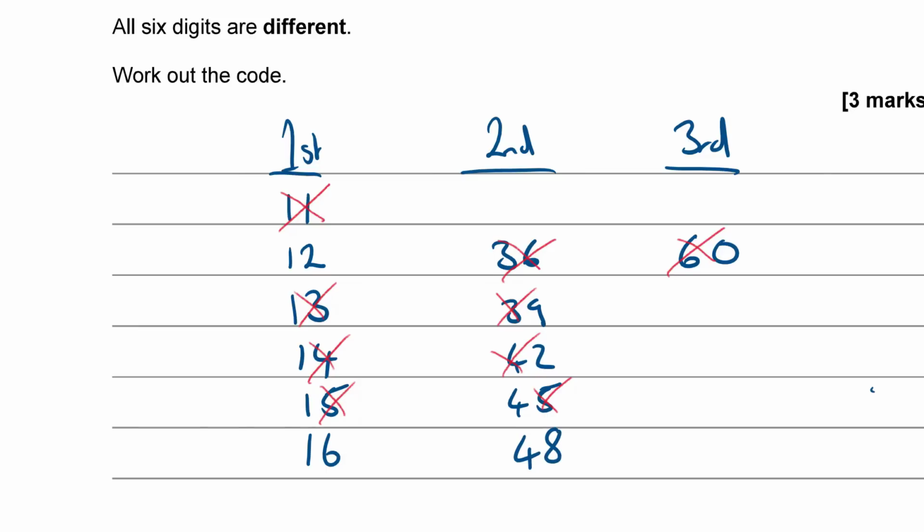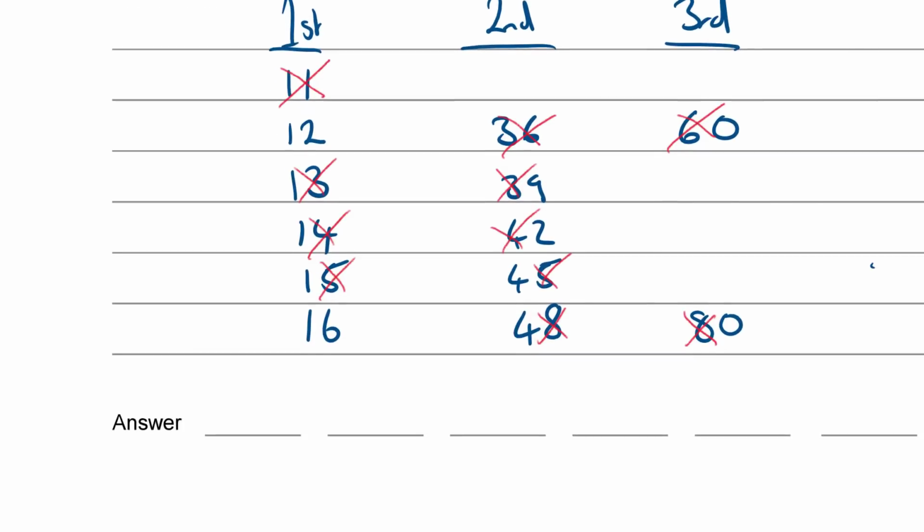And then 5 times 16. 5 16s are 80. No, again, that isn't working. I've got an 8 and an 8. 17. 17 times 3 is 30, 51. Okay, and again, that one's no good because I've got a 1 and a 1.